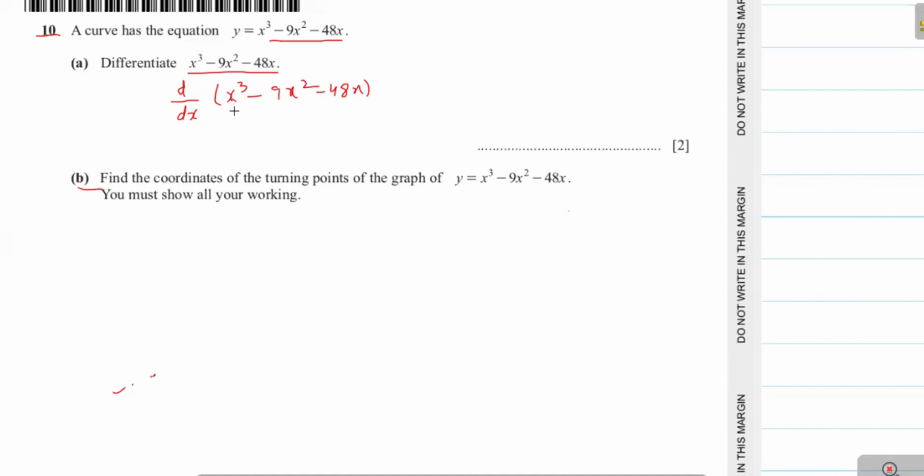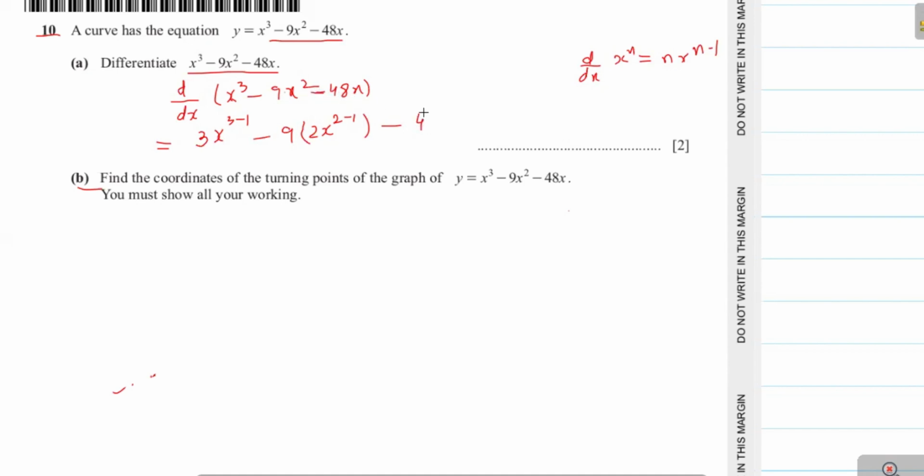To differentiate this function, we use the formula: derivative of x to the power n equals n into x to the power n minus 1. When we differentiate x cubed, we write 3 into x to the power 3 minus 1, and next we write 9 as it is, and the derivative of x squared will be 2 times x to the power 2 minus 1.